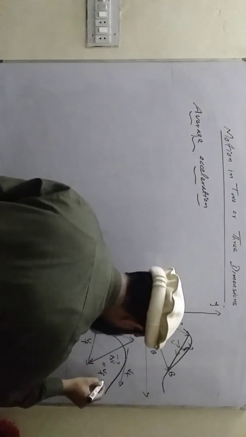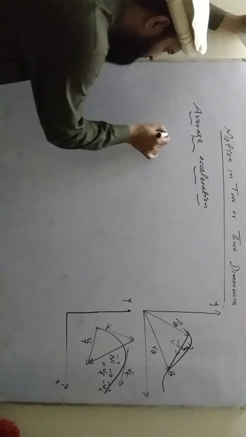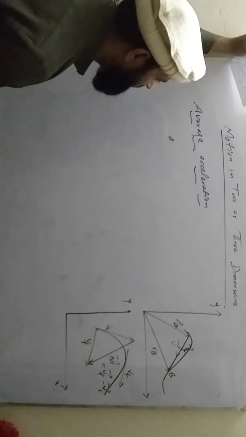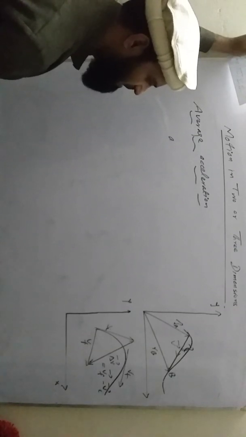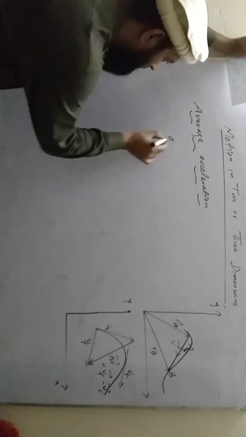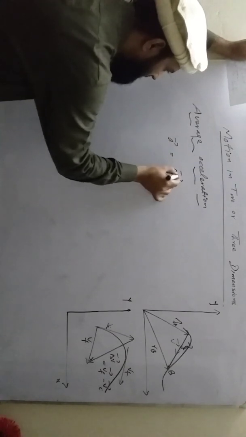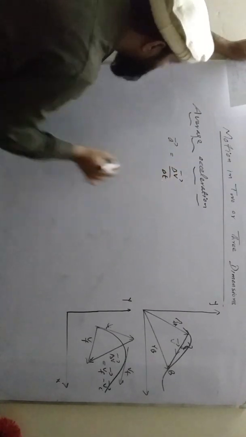Change in velocity means Vf minus Vi. So the average acceleration represents the overall change in velocity per unit time, that is delta V by delta T.